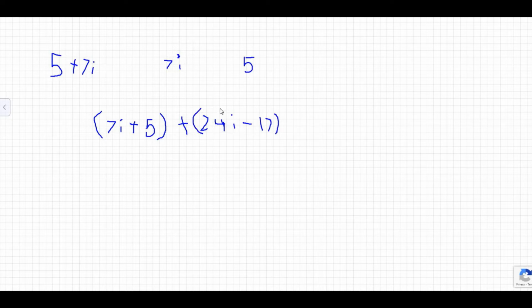So, the way you go about it is, like most equations, just add the like terms. 24 plus 7, that would be 31i. 5 minus 17, that would be negative 12. These are all basic stuff.